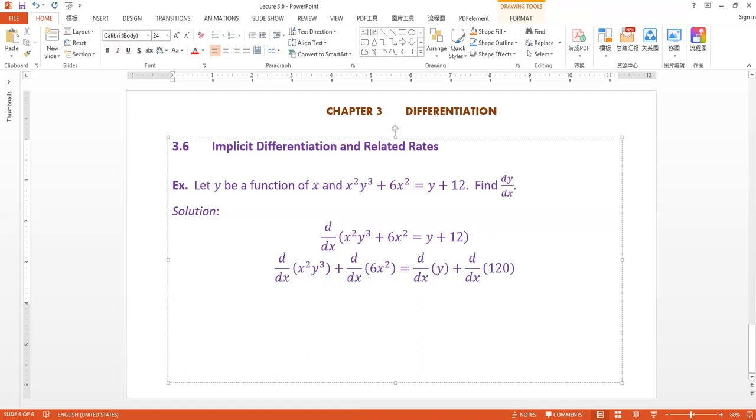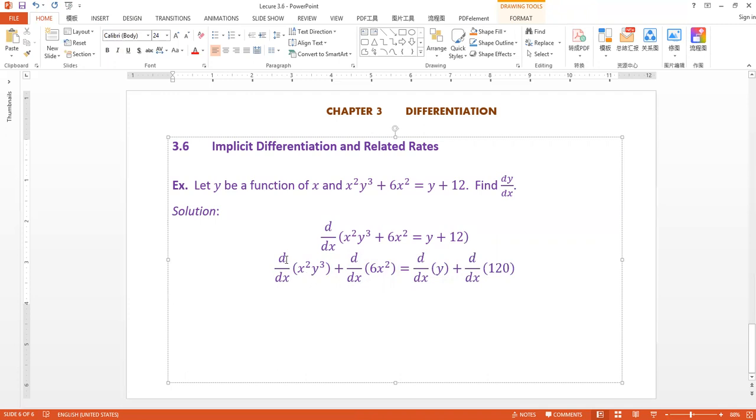Then, as I said, for the first term on the left, x squared and y cubed both are functions of x, so we have to use the product rule. If we name x squared as f and y cubed as g, then the derivative of f times g is the derivative of f times g plus the function f times the derivative of g.